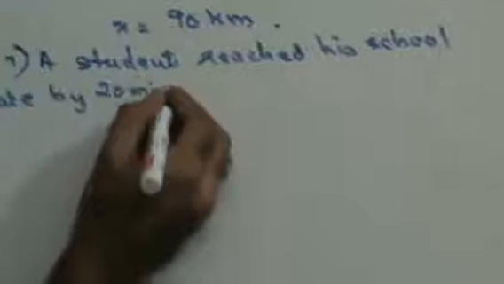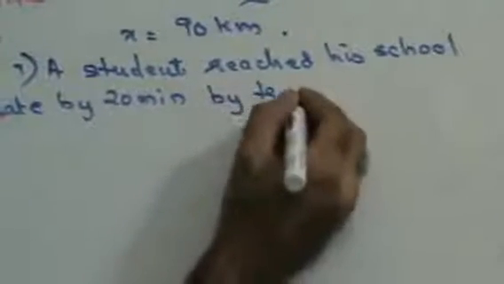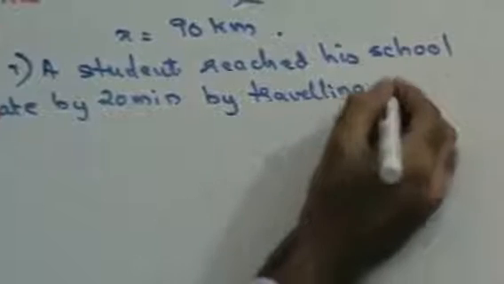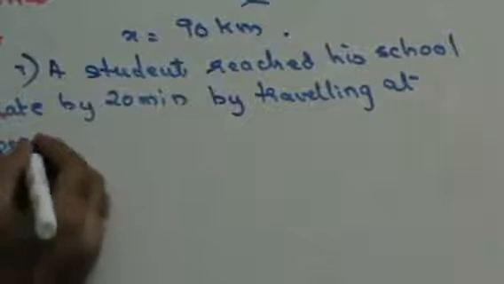A student reached his school late by 20 minutes by traveling at a speed of 9 kilometers per hour.